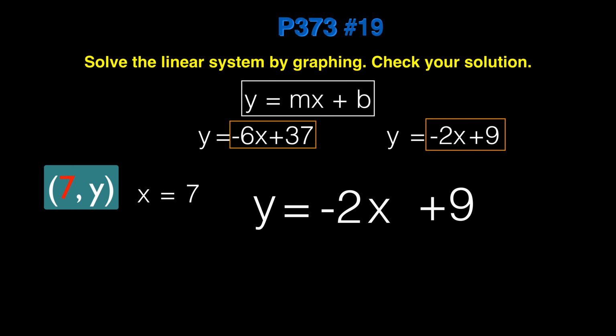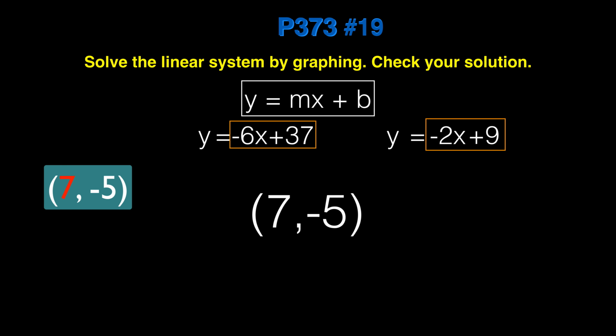Absolutely, but I'm going with the path of least resistance. x is now 7, because that's the value I found. Negative 2 times 7 is negative 14, plus 9 is negative 5. Now I have my y coordinate. My x and y coordinates are 7 and negative 5, and this is algebraically the solution to my linear system.